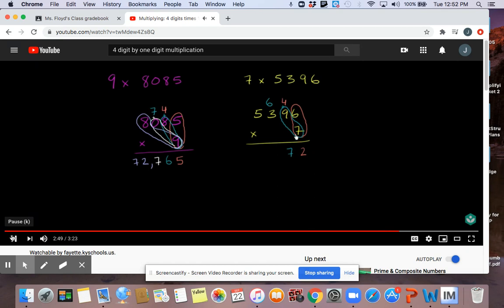Then we have to worry about 7 times 3 plus this 6 that we had just finished carrying. 7 times 3 is 21, plus 6 is 27. So we'll write the 7 here in the hundreds place and carry the 2. And then finally, we have 7 times 5, which is 35, but we have to add the 2. 35 plus 2 is 37. So 5,396 times 7 is 37,772.